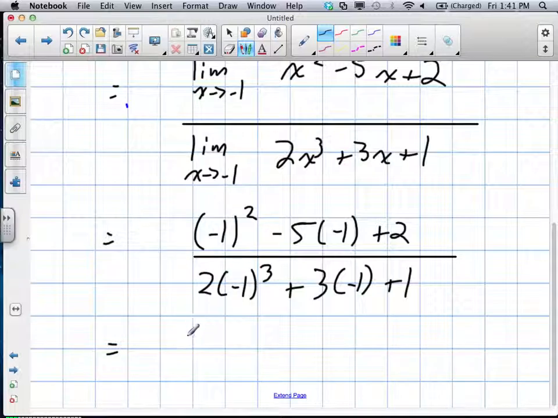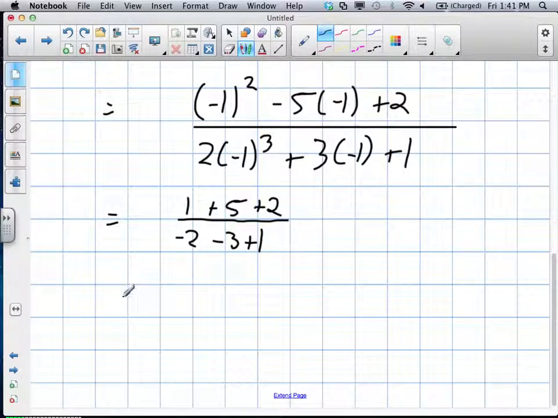This becomes 1 plus 5 plus 2, divided by negative 2 minus 3 plus 1. This becomes 8. Negative 5 plus 1, negative 4, which is the same as the number negative 2.